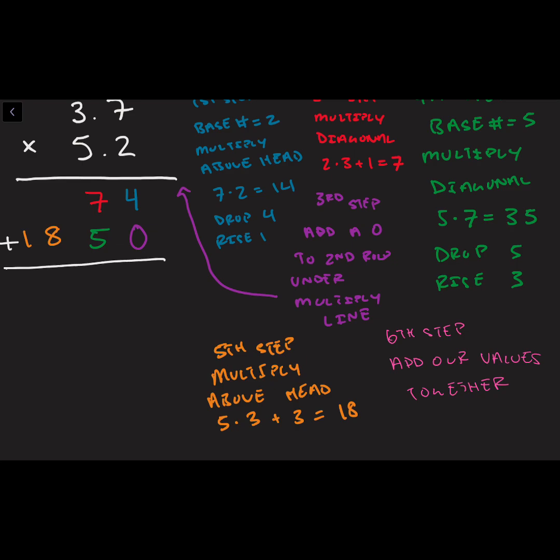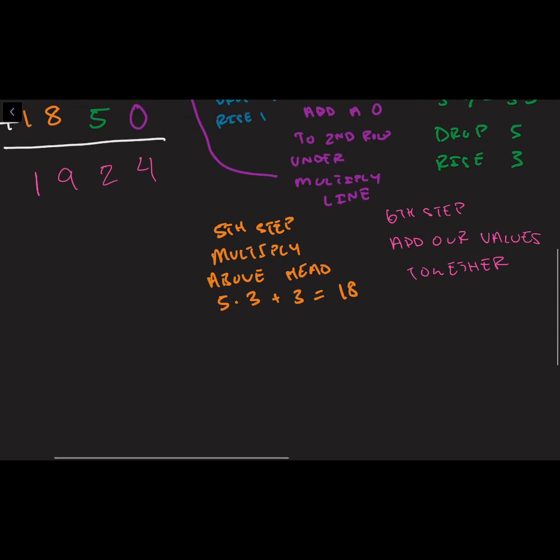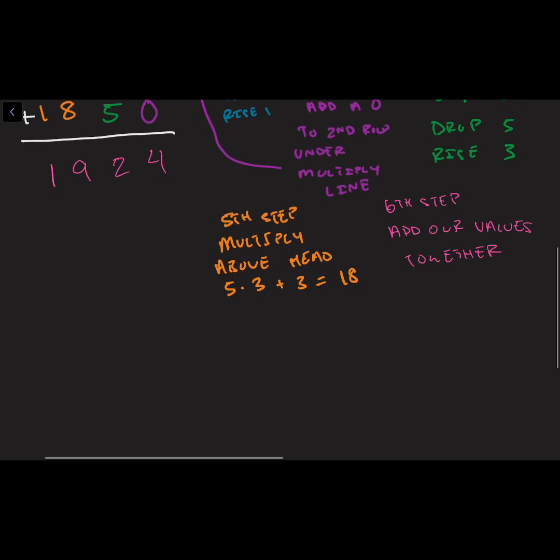We're gonna add our values together. In pink, we got 4 plus 0. That's gonna give us a 4. We got 7 plus 5. That's gonna give us a 12. Put the 2 down. Carry the 1. 1 plus 8 is gonna give us a 9. And then we got 1 plus 0 is gonna give us a 1. So right now we got 1, 9, 2, and 4. Okay. And right now it's looking like our final answer, right?